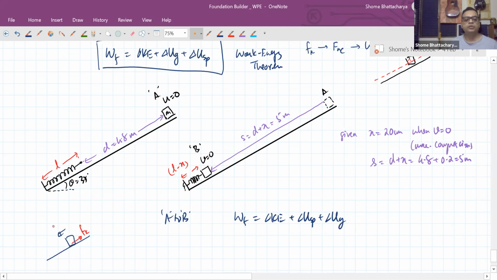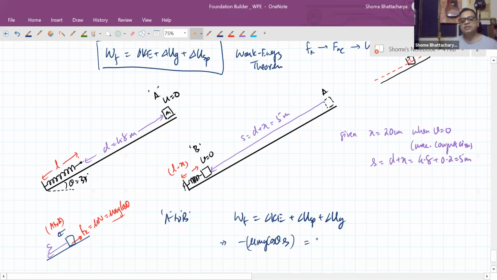Going from A to B. And its magnitude is mu N, which is mu mg cos theta, whereas the displacement is in the downward direction. Okay. So work done by friction will become minus mu mg cos theta into S.